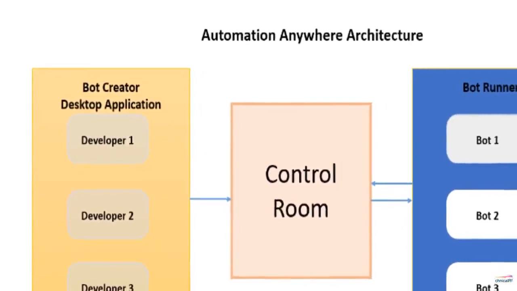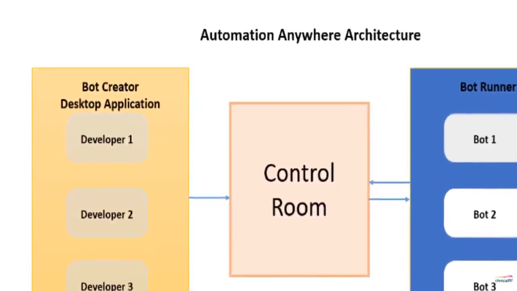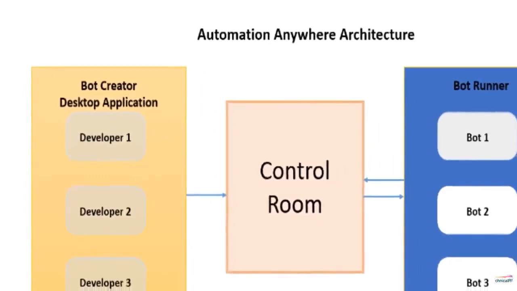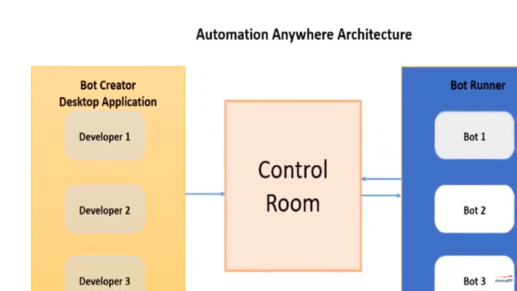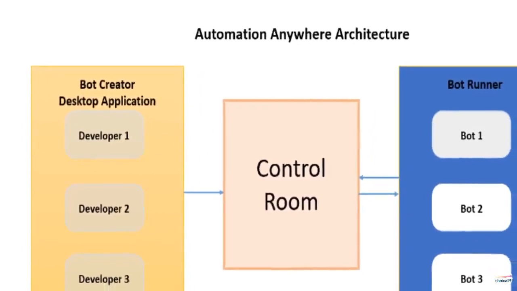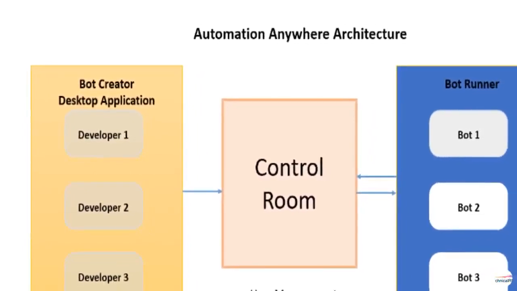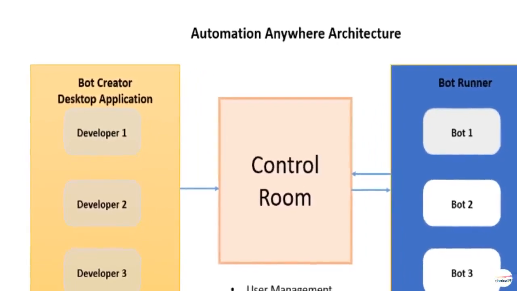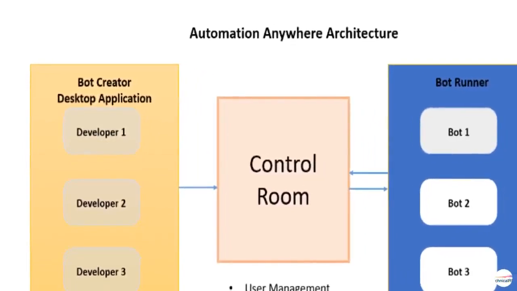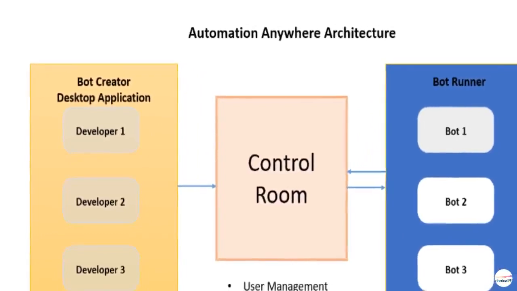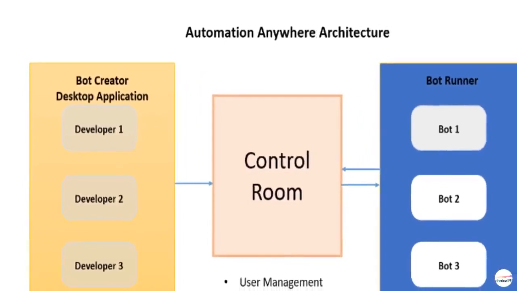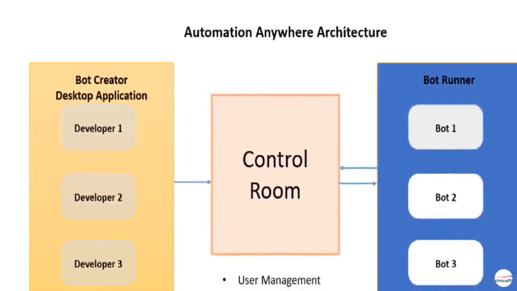It will show you the bot has successfully updated, or the bot has failed because of this reason. So you can see all the details related to the bot in audit trail. The audit trail is simply the logging information related to the deployed bot.